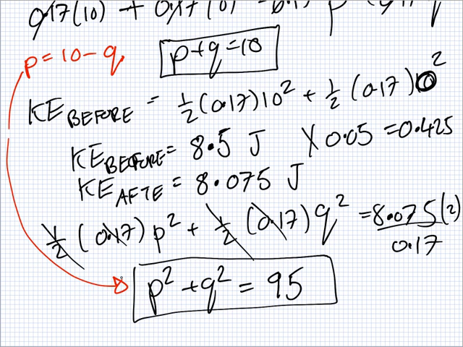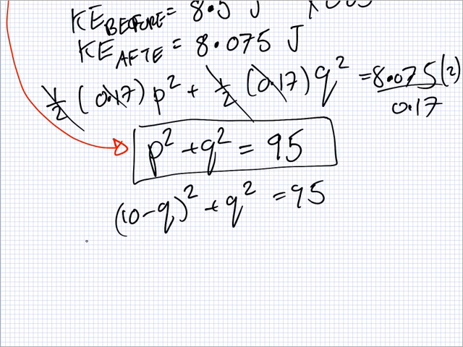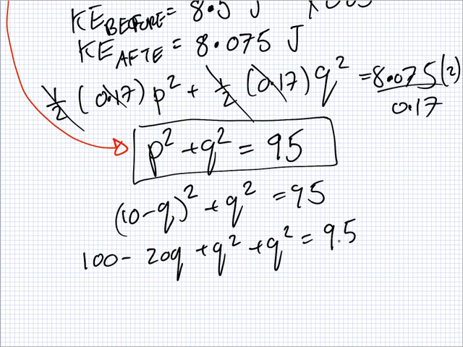So P equals 10 minus Q. 10 minus Q squared plus Q squared equals 95. So that is 100 minus 20Q plus Q squared equals 95. 2Q squared minus 20Q plus 5 equals 0?